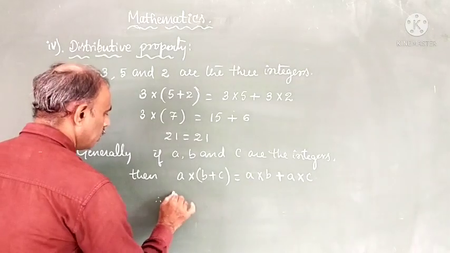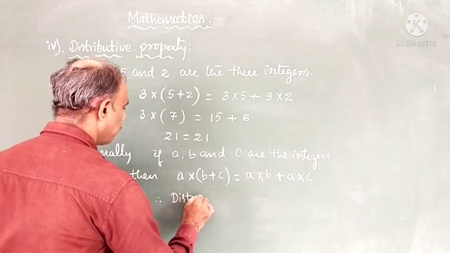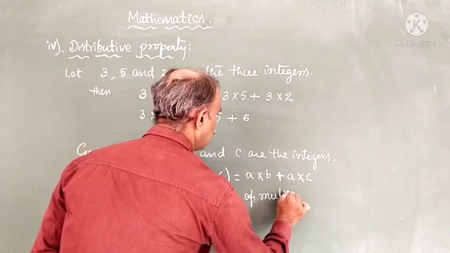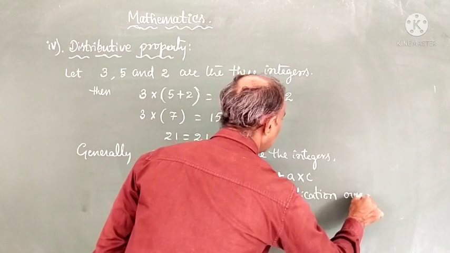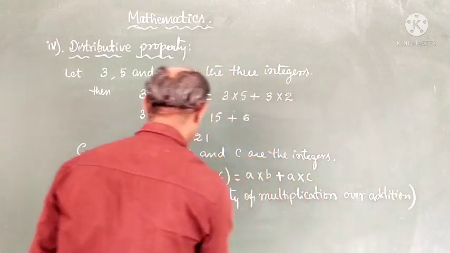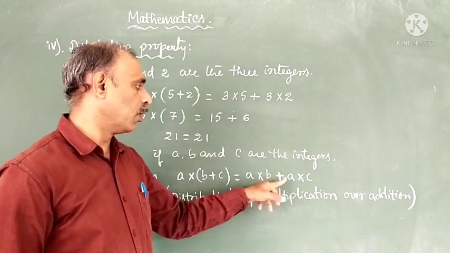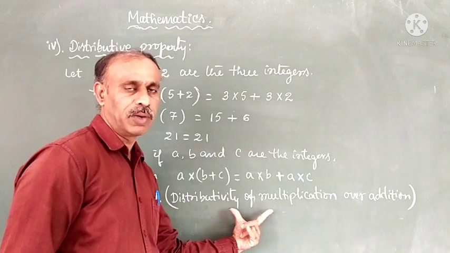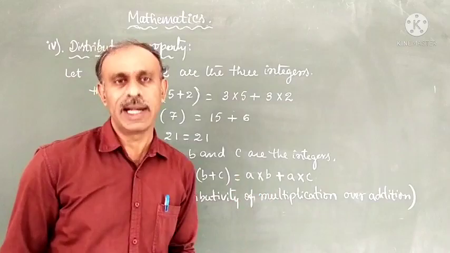So this is distributivity of multiplication over addition. So in statement form we are going to write it like this: distributivity of multiplication over addition.